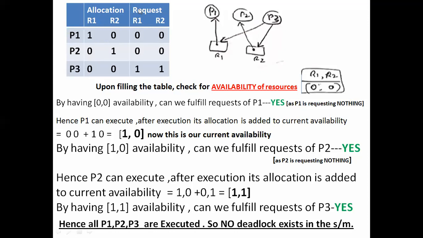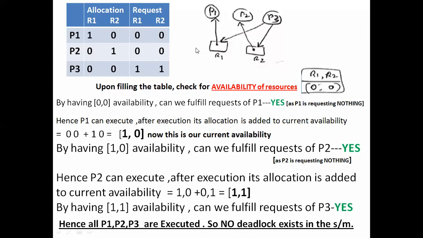Okay, and at the topmost row, you can find the allocation matrix as well as the resource request matrix. So in the figure, how many resources do we have? Only two resources are there, R1 and R2. Hence, you can write down the resources in the second row. R1 and R2 are the two resources available, right?